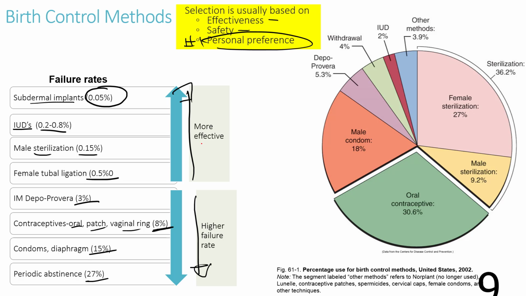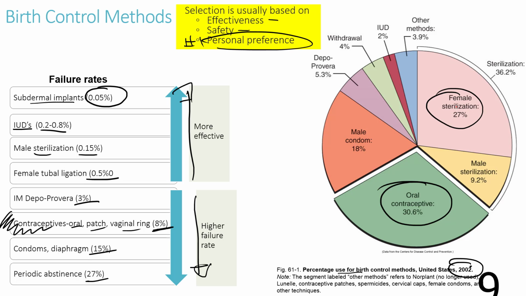Now, this pie chart on the right basically gives you the percentage used for birth control methods in the US, right? So you can see over here, oral contraceptives, even though they're quite low down, actually make up about a third of the method of contraception used by women. And then you've got sterilization, right? So 27% female sterilization, which is the tubal ligation, or 9% for male sterilization.